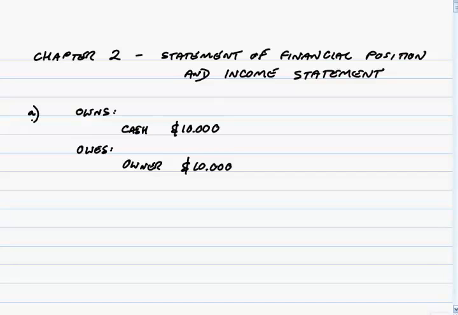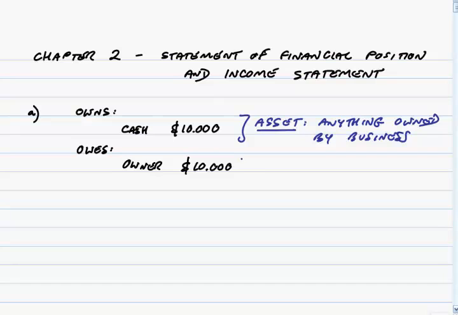Before we leave it, though, two bits of terminology. First of all, we said the business owns $10,000. Well, anything owned by the business is called an asset. An asset, anything owned by the business. So they have an asset of $10,000. Secondly, though, we said the business owed the owner $10,000.